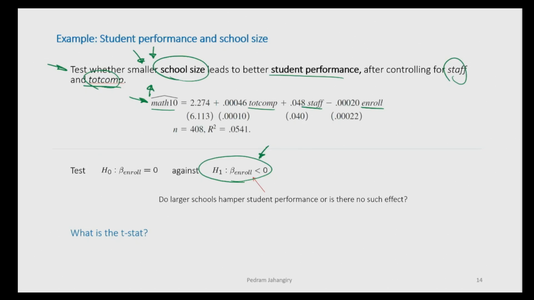That's why I'm interested in whether it is less than 0 or not. So if this is my alternative, what is the null? It's going to be beta enroll greater than or equal to 0, right? Again, the textbook tends to look only at equal to 0 or not, but nothing is wrong with doing it this way.